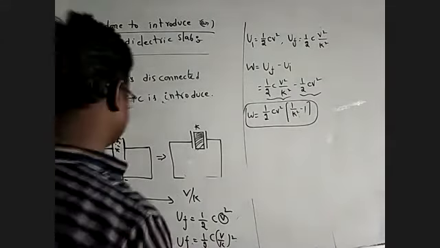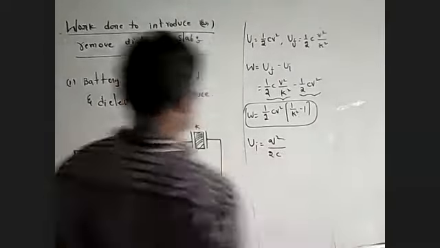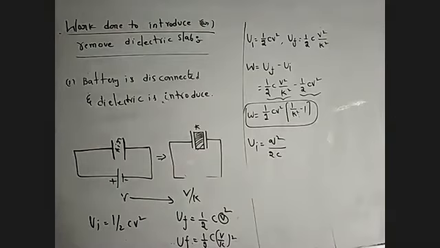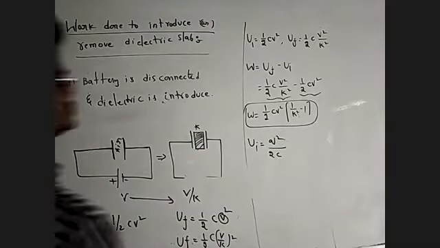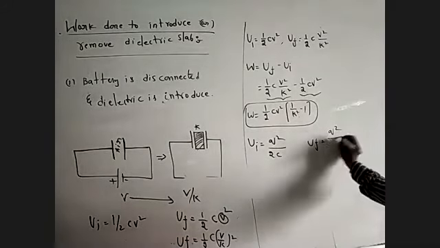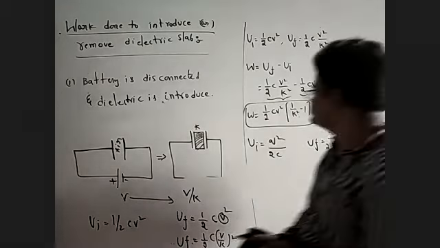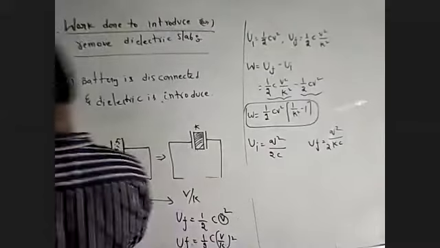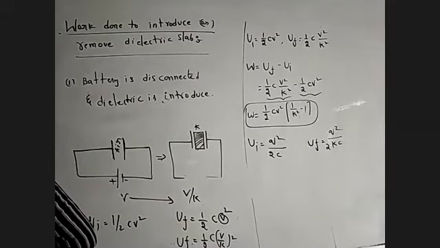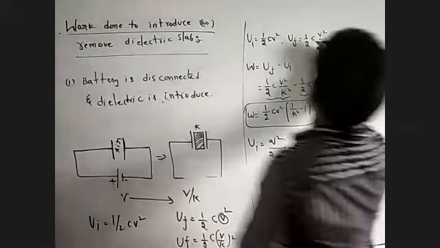Next, in the form of energy, U is equal to Q squared by 2C. The final energy means Q squared by 2KC. Sorry, a small mistake here.